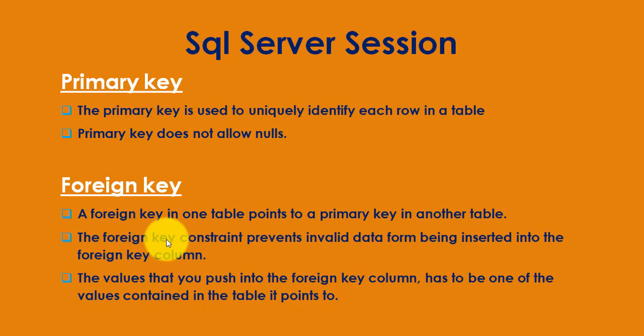The foreign key constraint prevents invalid data from being inserted into the foreign key column. For example, in the tblPerson table I have the foreign key, that is gender ID, and in tblGender I have the primary key, that is ID. So they should be matched with each other.